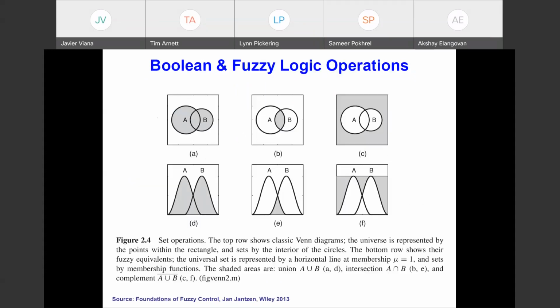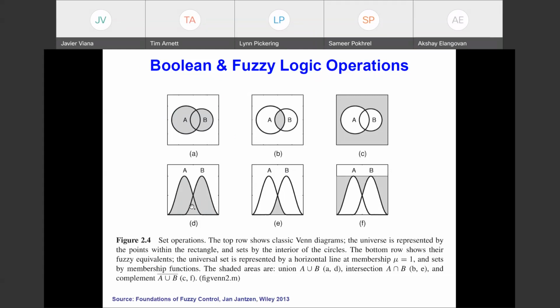So if we go back one slide, we'll see some more concrete examples. If we're looking at this situation, we would be taking the maximum value. So let's say we fell right here along the x-axis. We would be at about right here in the A set and about right here in the B set.